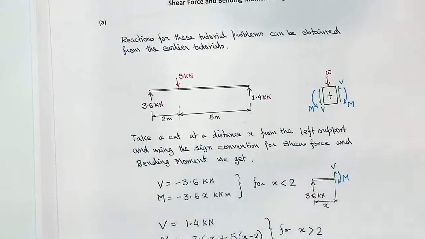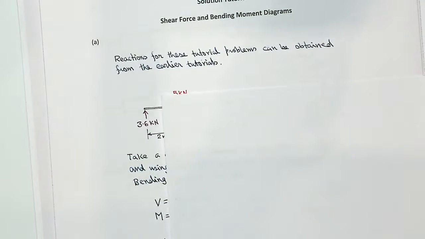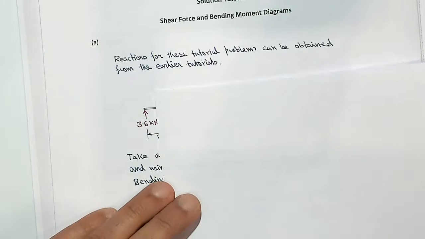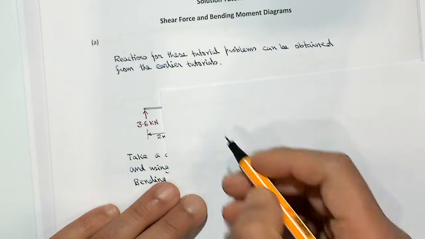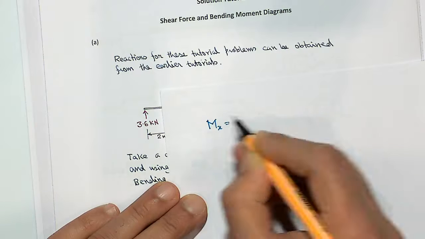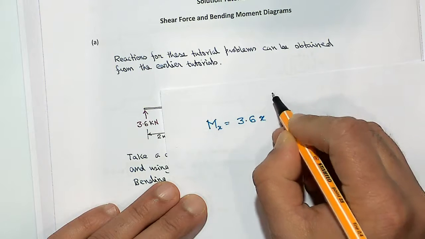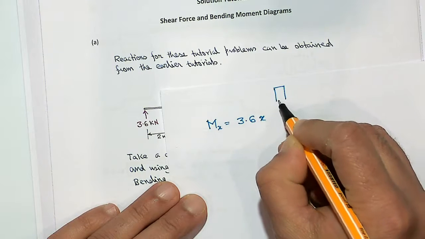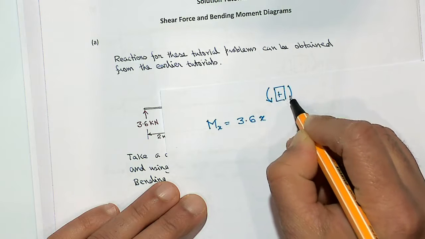So if I want to write moment expressions, let's say x is between 0 and 2. So x is here, and the moment at a distance x would be 3.6 times x. Of course, our sign convention for moment is as follows: hogging moment is positive.